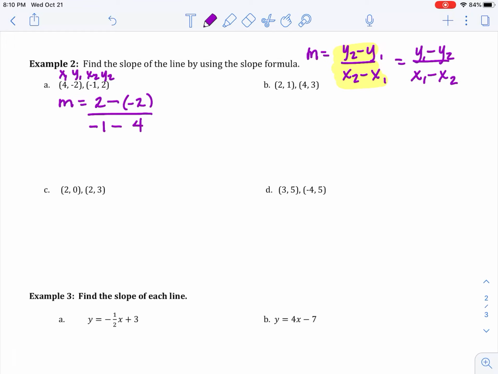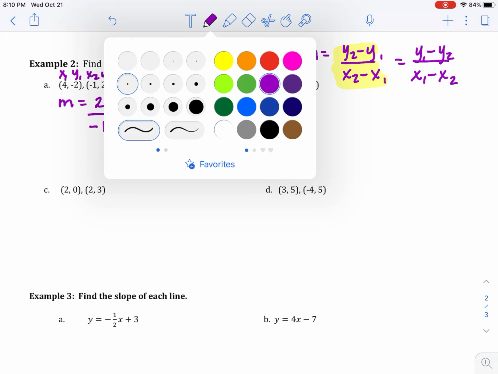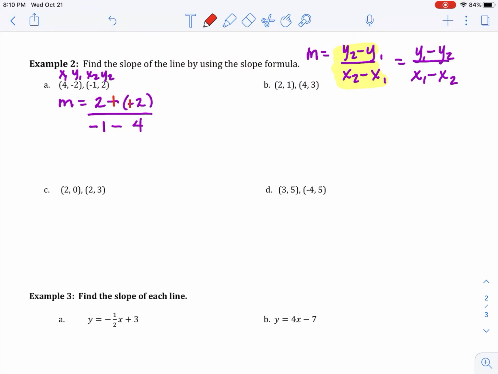Now that can be tricky because of all those negatives, and you got to really be careful with signs when you're doing slope. So on the top, we have 2 minus a negative 2. Remember what that really means. That really means plus a positive, right? And so we're going to get on the top a positive 2 and another positive 2, which gives me a positive 4. On the bottom, we're going to get a negative 5.